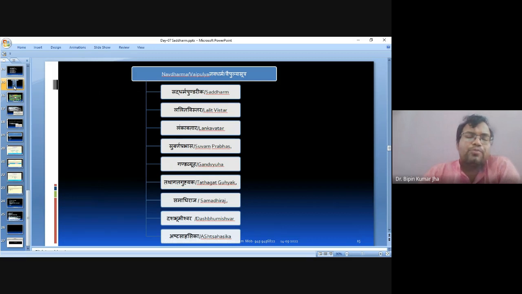Okay. So last day we started the Saddharma Pundarika Sutra, which is a very important text contained under the Navadharma, or you can say Vaipulya Sutra. Again, these terms Navadharma and Vaipulya are from Sanskrit.